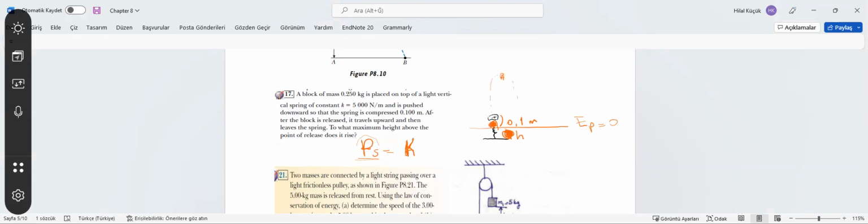It's asking what the maximum height is from here above the release point. The release point is here. You just need to calculate this part. Even you can say all kinetic energy must convert to potential energy, because here my velocity will be 0.